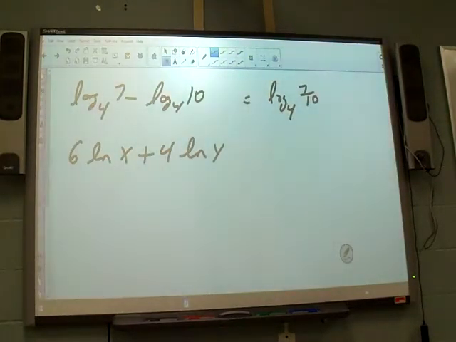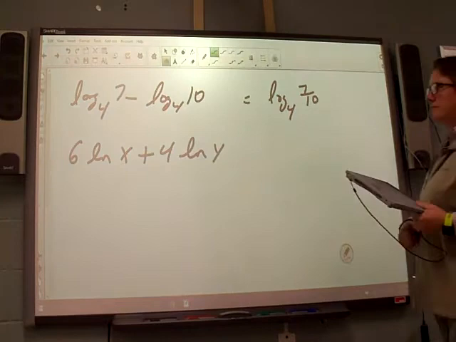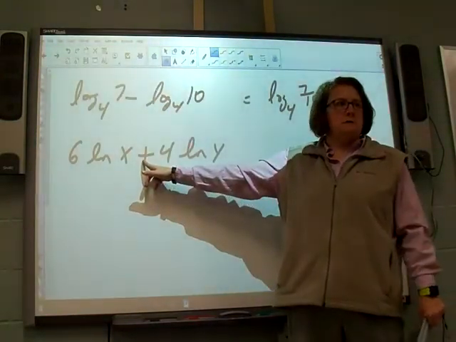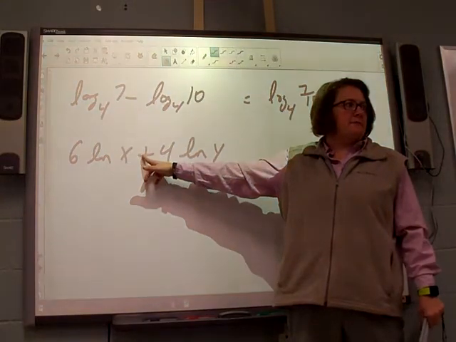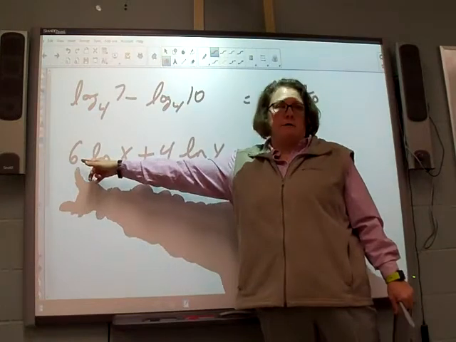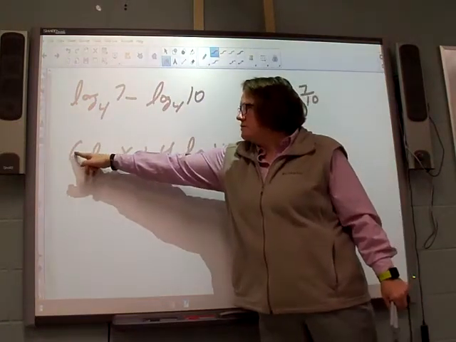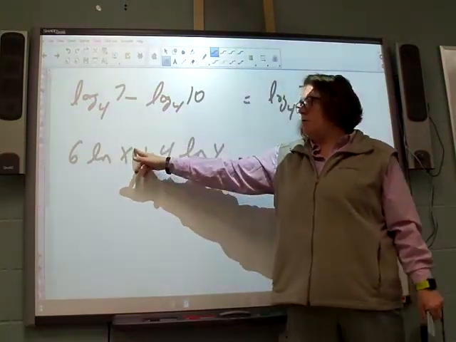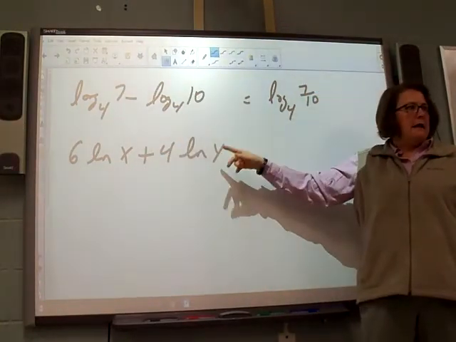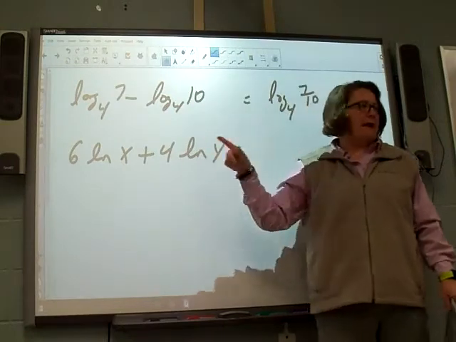Grant, talk to me about one of the properties you saw. I see product. Okay, we've got an addition sign, so that means we're going to take the product of something. And then we got powers because we got numbers out in front. Very good. So the 6 is going to be a power on the x, and this 4 is going to be a power on the y. And then you're just going to take the product of that.